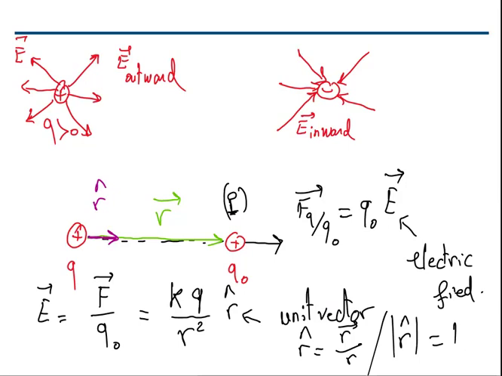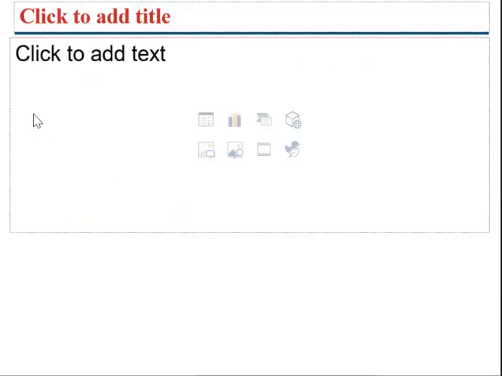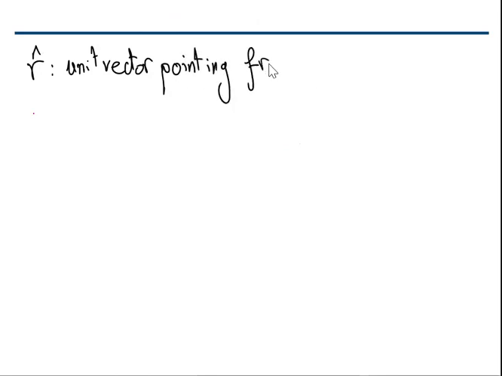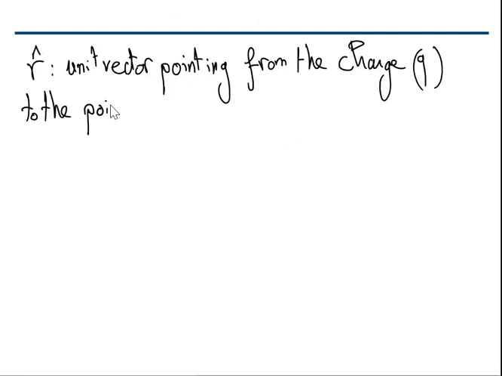I would like to say here that the vector R hat is a unit vector pointing from the charge Q to the point P, where we want to calculate the electric field.